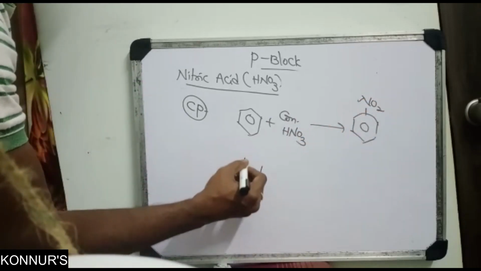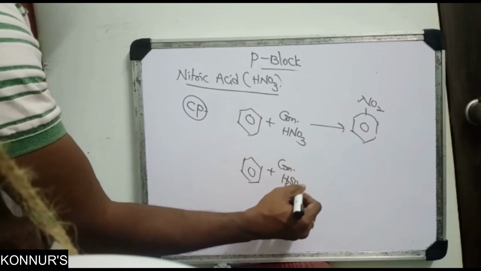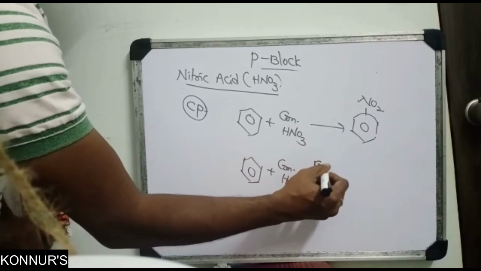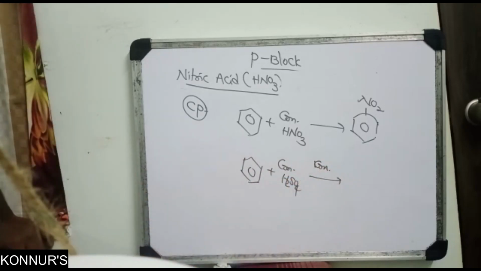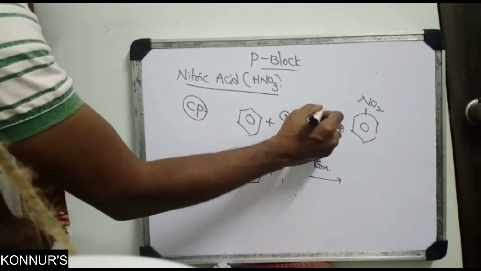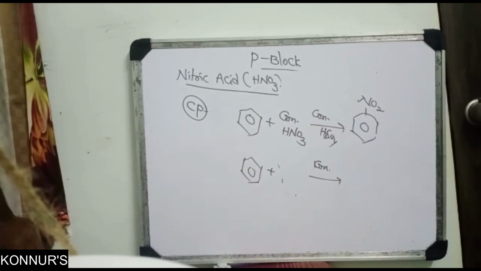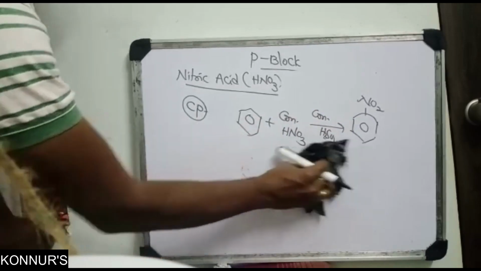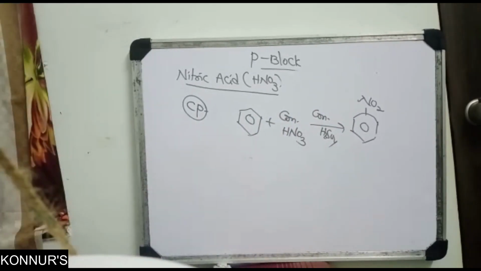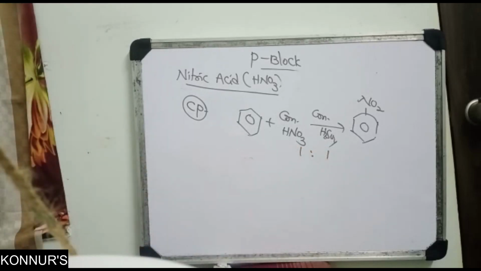Next, see, benzene reacts with concentrated HNO3 in the presence of concentrated H2SO4. So you are getting nitrobenzene. So this is what is called the nitrating mixture, a 1:1 ratio nitrating mixture.